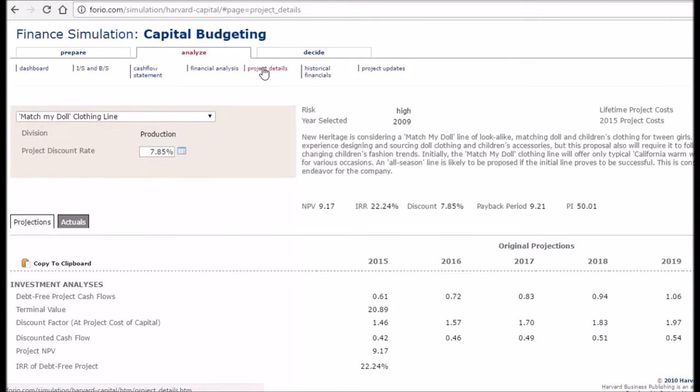I did pay quite a bit of attention after the year of 2009 to the NPV, the IRR, and the profitability index, because I wanted to make sure that these numbers were as high as possible, and then I would take a look at the payback period. I definitely tried to stay away from payback periods that were greater than 9.5 years.